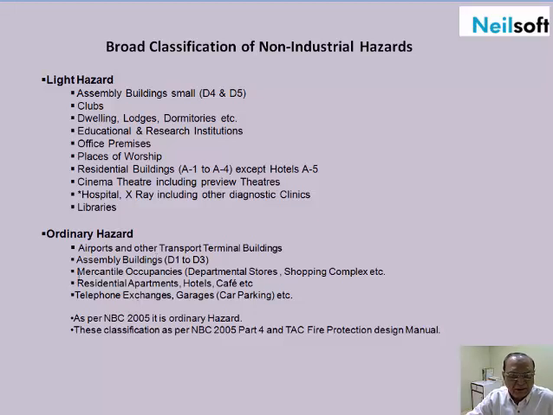Ordinary hazard covers airports and other terminal buildings, assembly buildings falling in the category of D1 to D3, and residential apartments other than light hazard, because there are restrictions because of the height and the volume of the buildings.